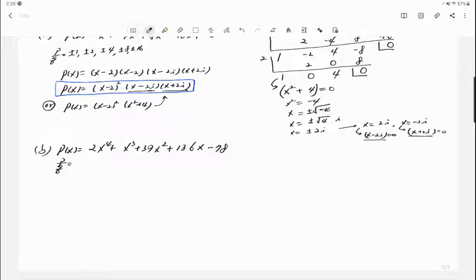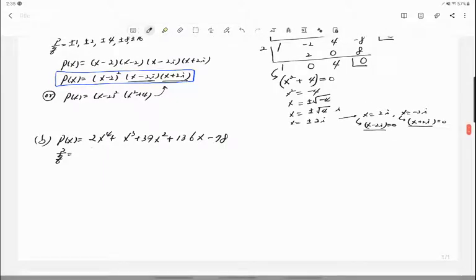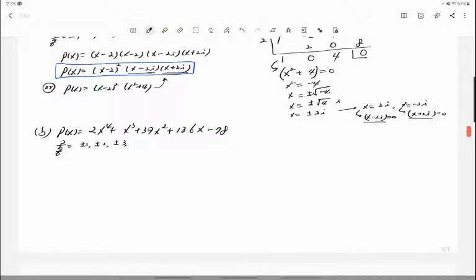factors of 78. There are so many, right? So plus or minus 1, plus or minus 2, plus or minus 3, and then plus or minus 6, and then plus or minus, so what can divide 78?